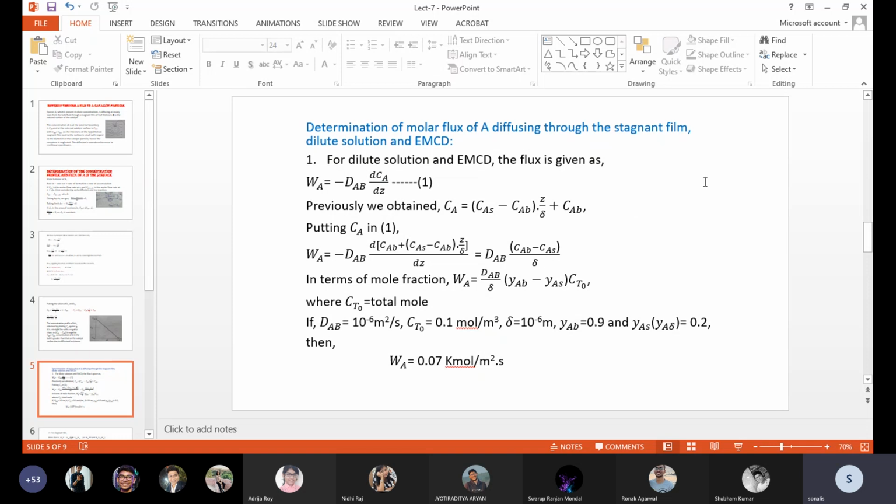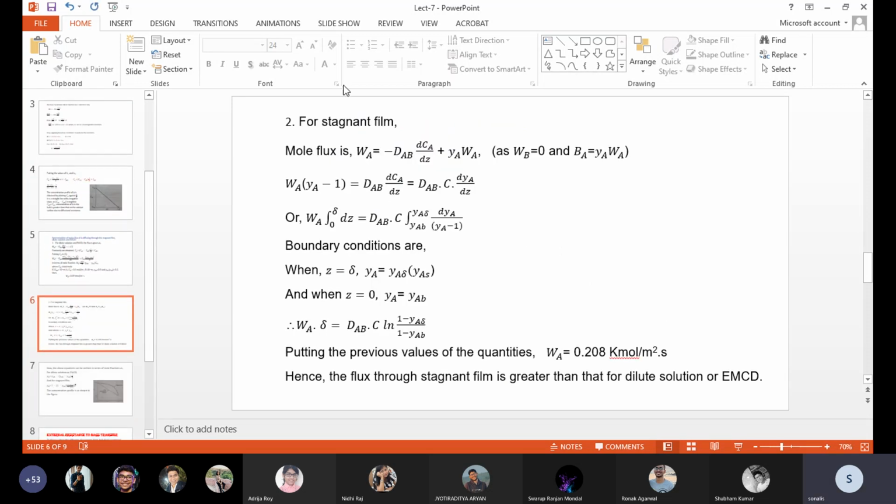This is for dilute solution and EMCD. Now for stagnant film, similarly we can solve this. W_A is equal to minus D_AB dC_A/dZ, but for stagnant film there should be a bulk movement of A, but B is stagnant, so W_B is equal to 0.